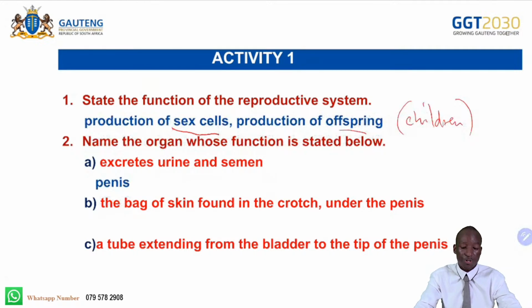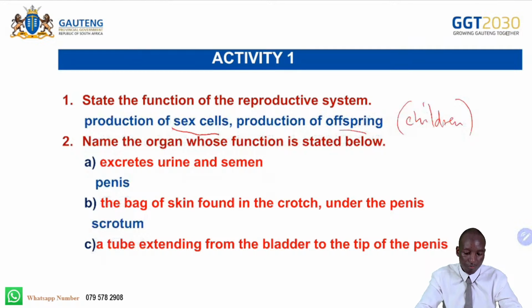The next one, the bag of skin which is found in the crotch under the penis, is the scrotum. That's the one which holds the testis under the penis at a lower temperature, so that there is proper production of sperm.